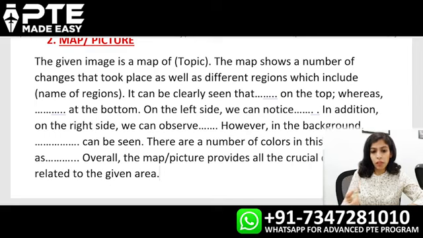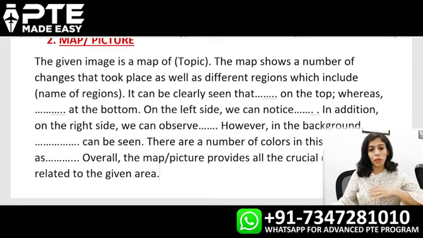I'll show you the solved answer just after the completion of this template part, and then you'll get to know how to paraphrase or modify this particular template a little bit as per the demand of the question as well. So stay tuned until the end of the video in order to get 100% benefit out of this video.